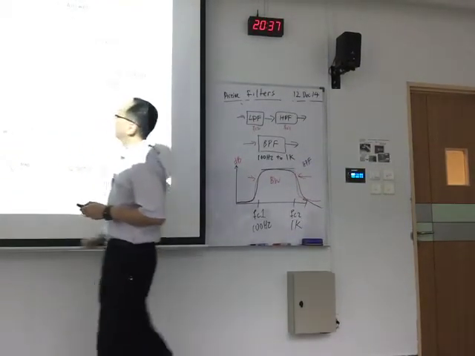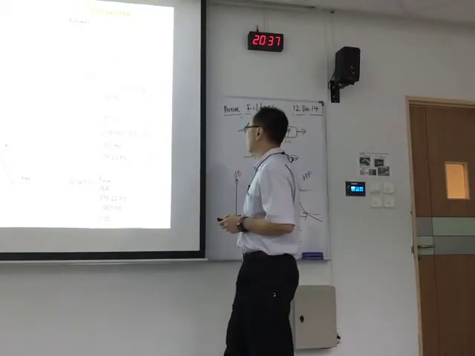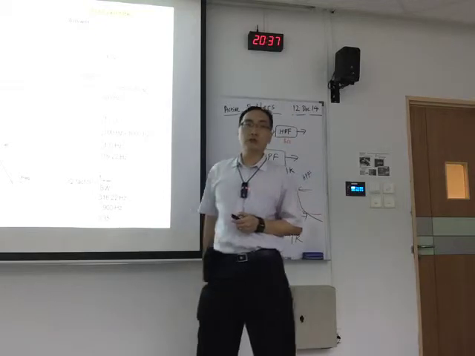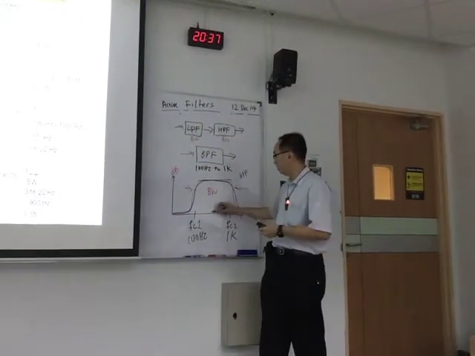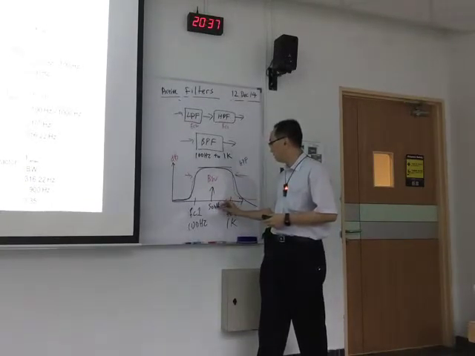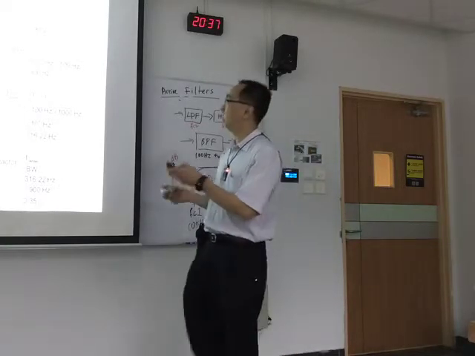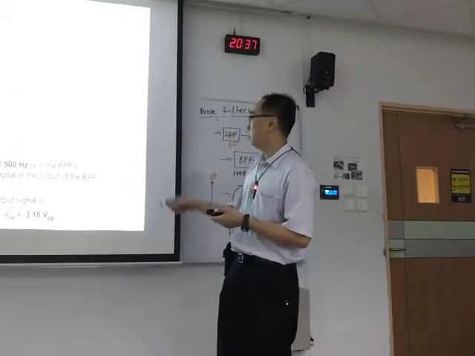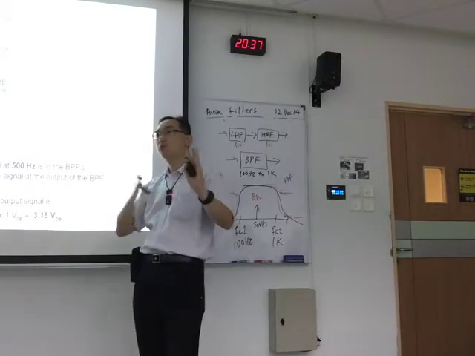If you apply it to this filter, can the frequency pass through? 500 Hz can go through or not? Yes, can, because here is 100, 1K, so your 500 is somewhere around here. So can go through, no issue, no problem. You can see that the signal is within the pass band, so it can pass through.